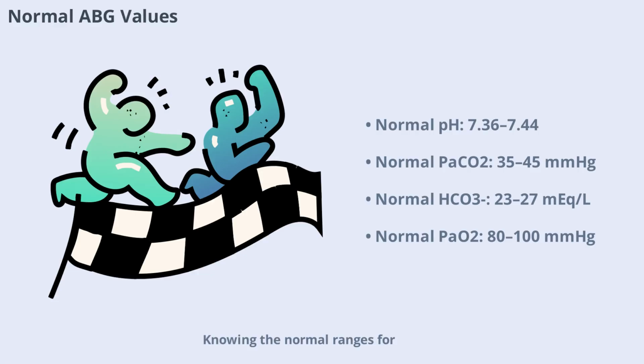Knowing the normal ranges for ABG parameters is essential for interpretation. The typical values are pH 7.35 to 7.45, mean 7.4; PaCO2 35 to 45 mmHg, mean 40 mmHg; HCO3 22 to 27 mEq/L, mean 25 mEq/L; and PaO2 80 to 100 mmHg, which decreases with age.